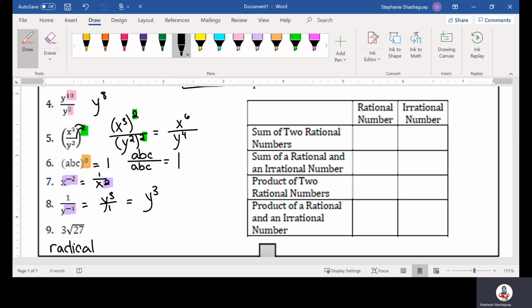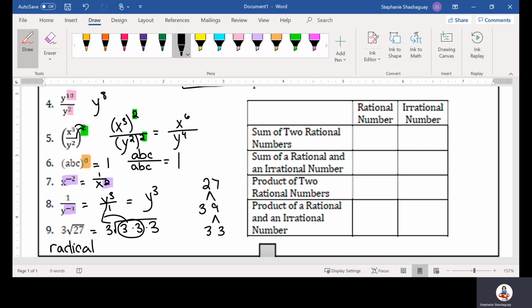And to simplify a radical, we're going to take 27 and use our prime factors tree. That's going to be 3 times 9, which is 3 times 3. So this is equivalent to 3 times the square root of 3 times 3 times 3. And if I have 2 of something underneath the radical, I can pull out 1.